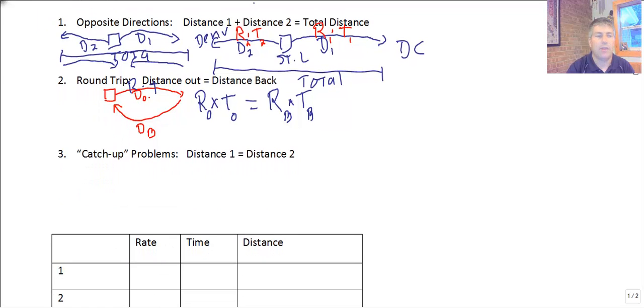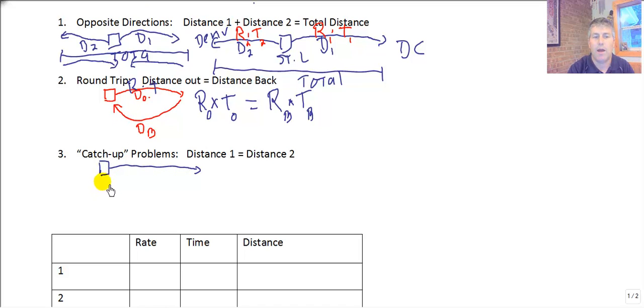The third option is what I call a catch-up problem. And a catch-up problem might be like somebody has a head start, okay? Your little sister takes something from your room, she grabs it, ditches out, gets out of your room first, she's sprinting down the hallway and down the stairs, and you are trying to catch her.